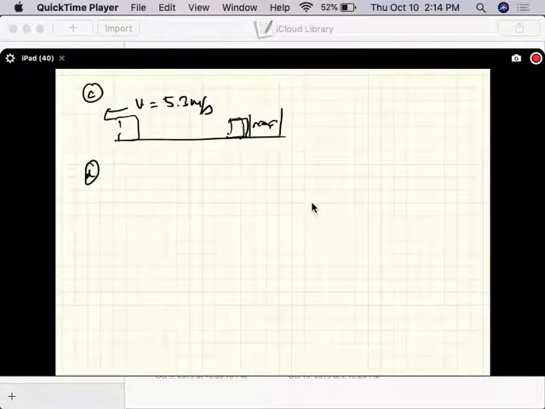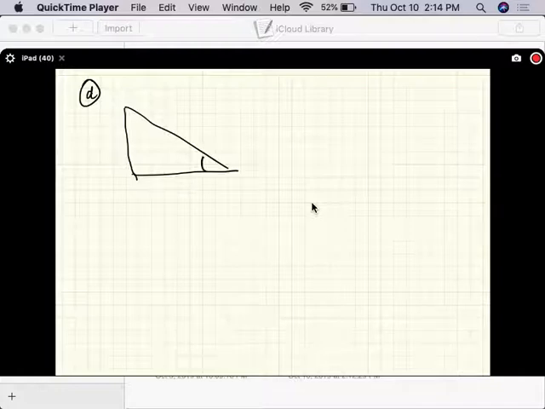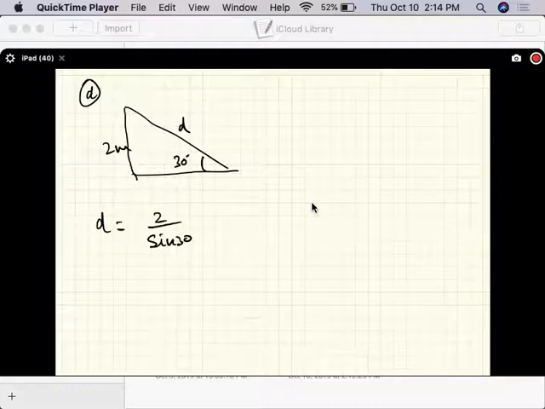All right, 30 degrees, 2 meters. So we'll have to do a little math. D is 2 meters divided by sine 30, again, just like last time. Four meters. D is 4 meters.